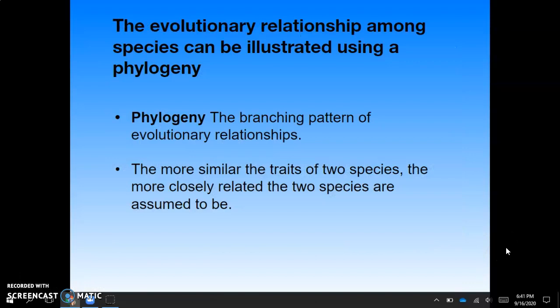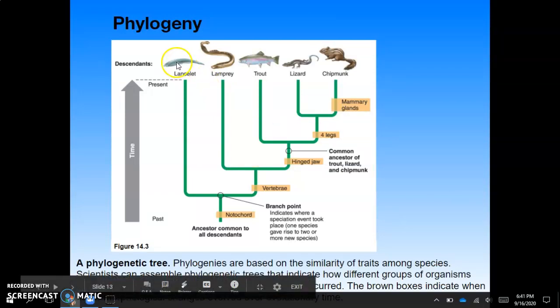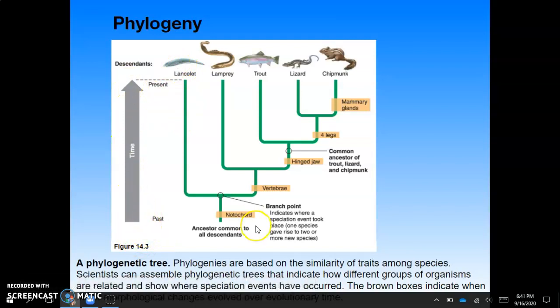So just a reminder from bio, the evolutionary relationship among species can be illustrated using phylogeny, and this is the branching pattern of evolutionary relationships. So the more similar the traits of 2 species, the more closely related they are. And this is just showing you the present day, so past on the bottom, and it goes up to the present.